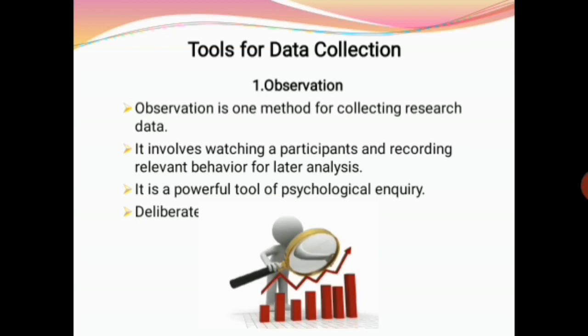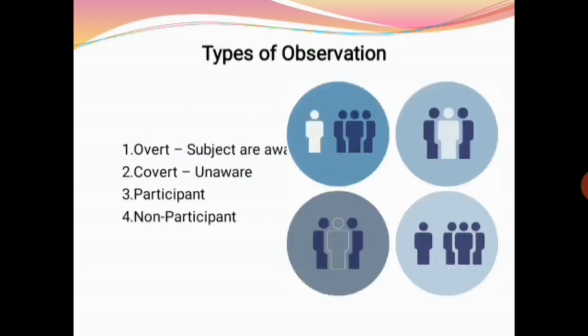Observation is one of the methods to collect research data. It involves watching the participants or otherwise recording the relevant information while conducting the research. It is a most powerful tool in psychological inquiry because it is a deliberate data collection.